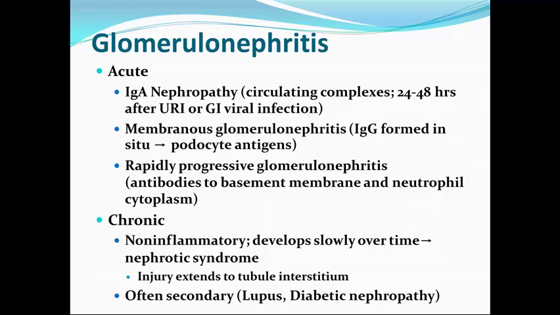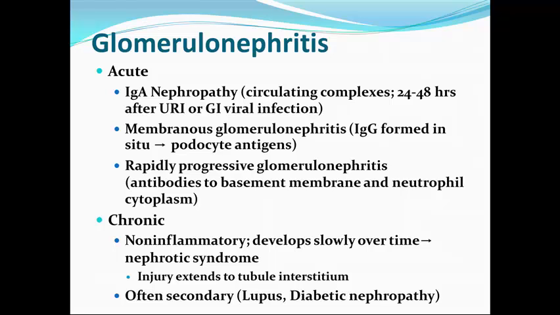What happens when these antibodies to both the basement membrane and neutrophil cytoplasm do their damage is they destroy the membrane with those immune deposits, and they can also cause a vasculitis. The glomerular membrane actually proliferates pretty rapidly and invades Bowman's space, causing crescents to occur, and that's what we're looking for. They used to call this crescentic glomerulonephritis, but we've changed the terminology to rapidly progressive.